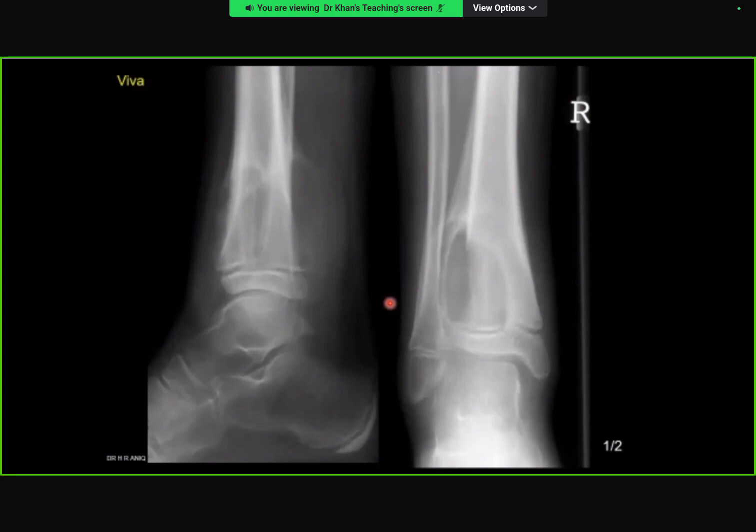So I've got frontal and lateral radiographs of the ankle in a skeletally immature patient, in which I can see there is an expansile lucent lesion in the distal metaphyseal region, and there is soft tissue swelling, and there is also a periosteal reaction. Almost looks like the periosteum has been lifted up.